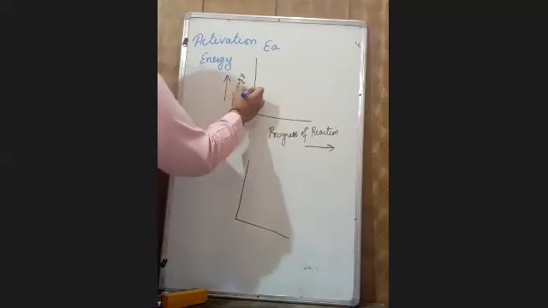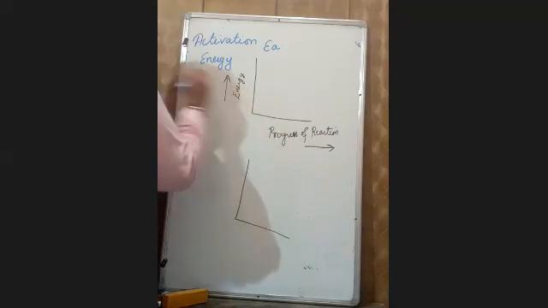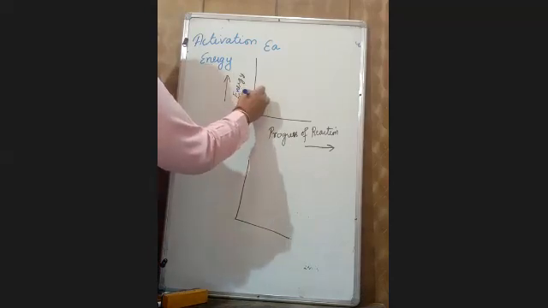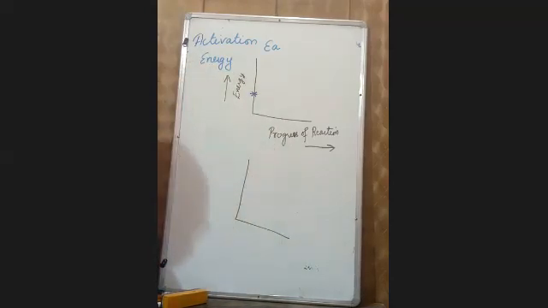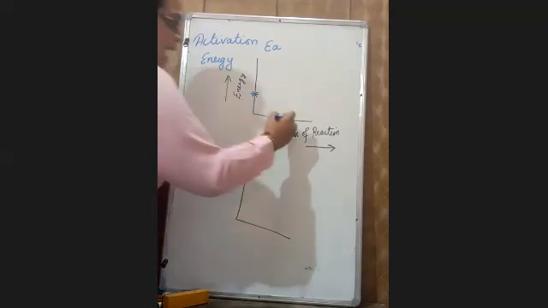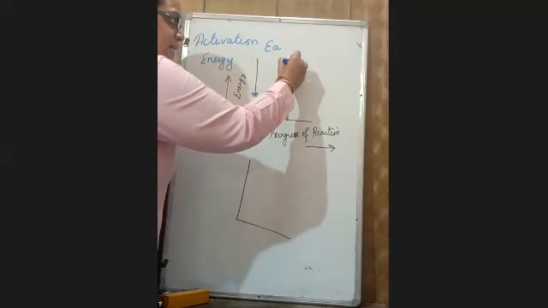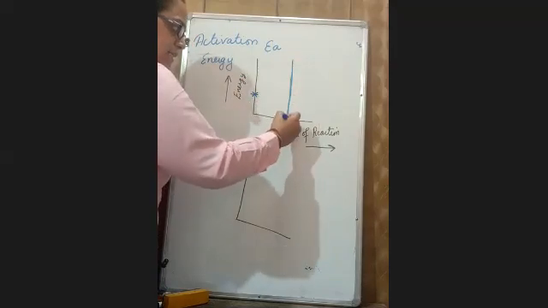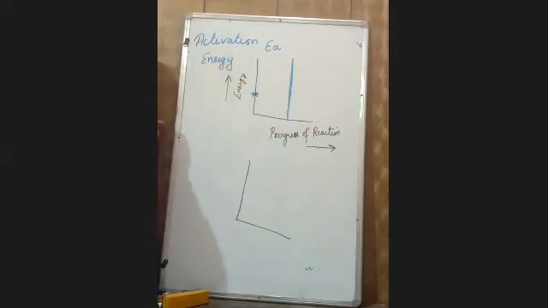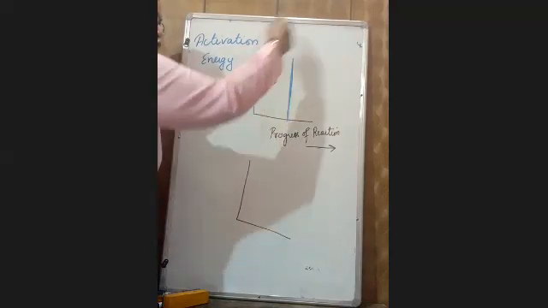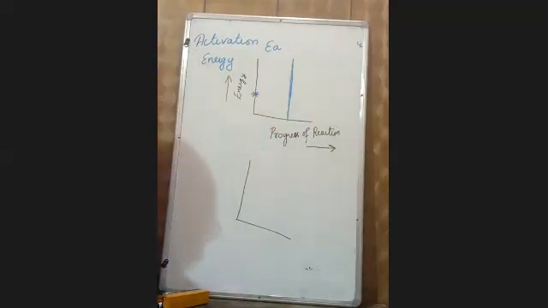For example, at this point, see, some energy is accompanied by reactant molecules. Reactant molecules have some amount of energy. And this is the energy barrier. This is the energy barrier which reactants have to cross to convert into product.